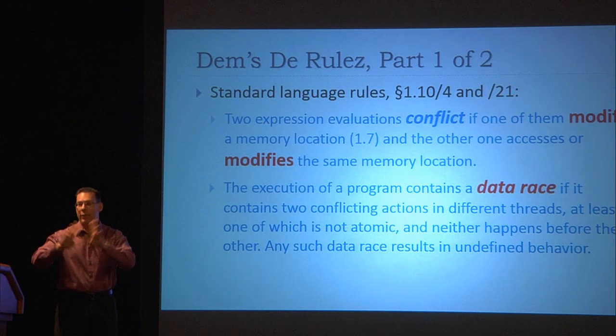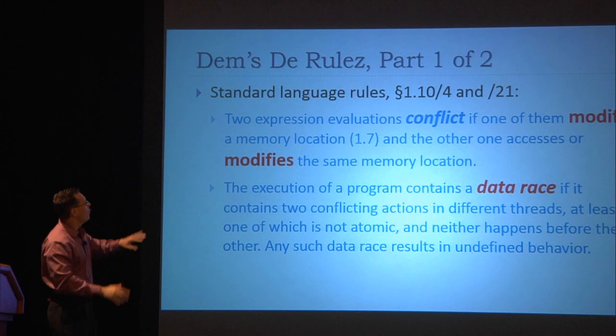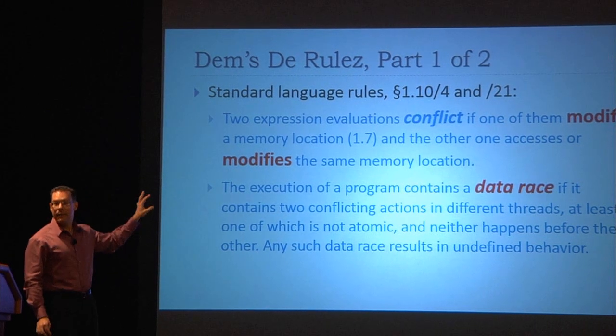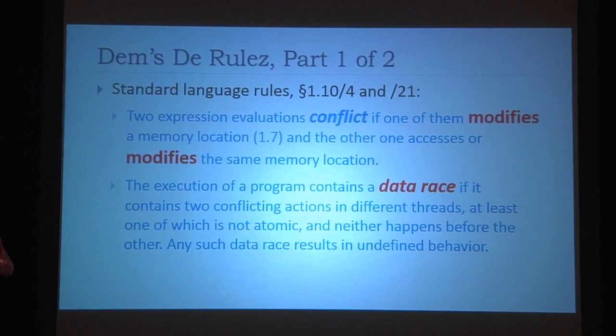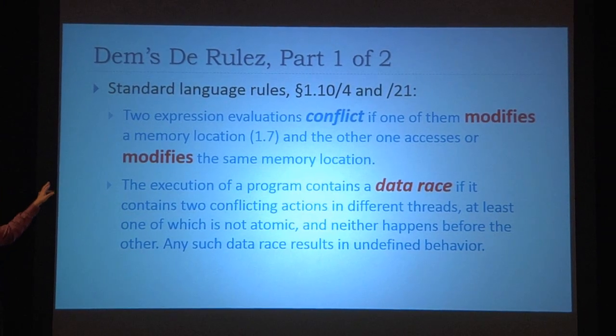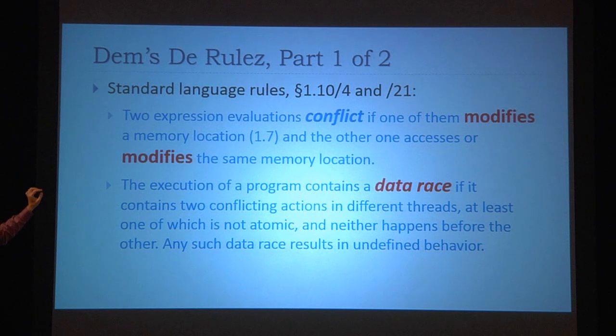That's what we say in all the other languages. What we say in the C++ and, I believe, C standards, because the C standard followed the C++ memory model, in 1.10 paragraph 4, is that 2 expression evaluations conflict. That's what we're looking for. If one of them modifies a memory location and the other one accesses or modifies the same memory location. So if at least one is a modifier.